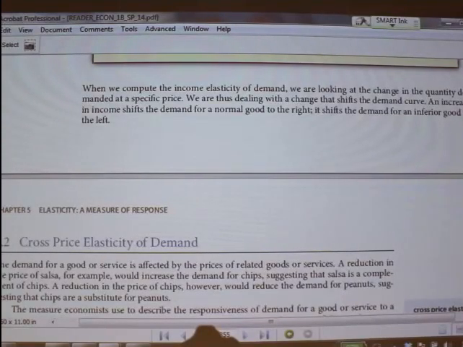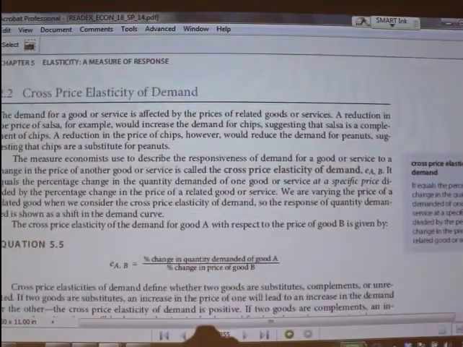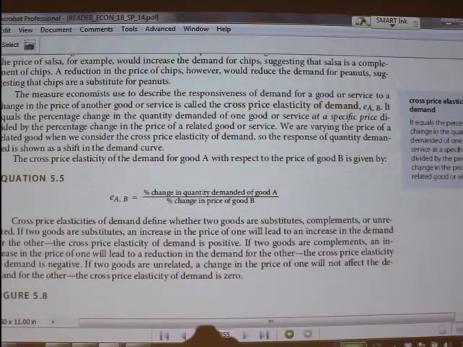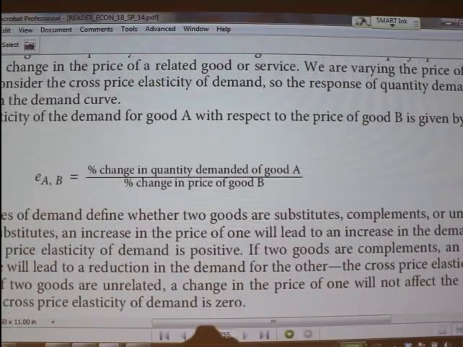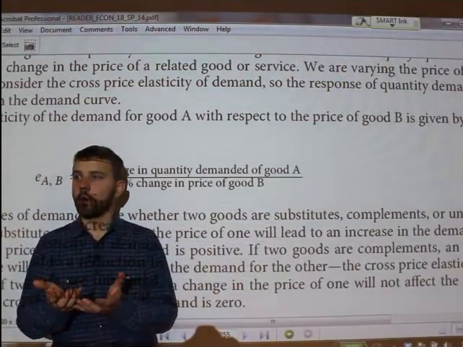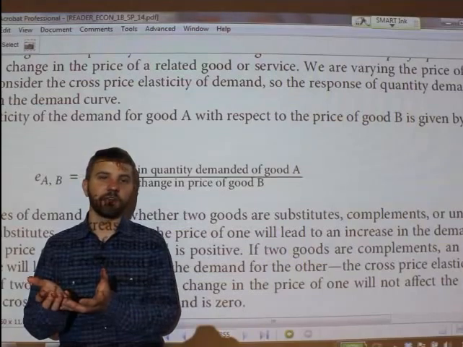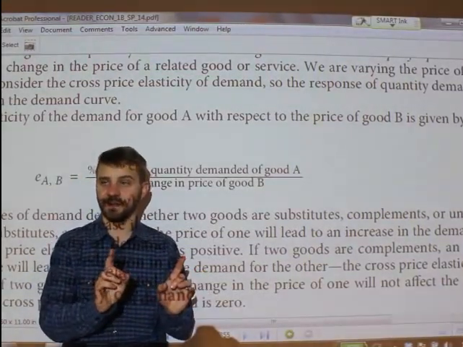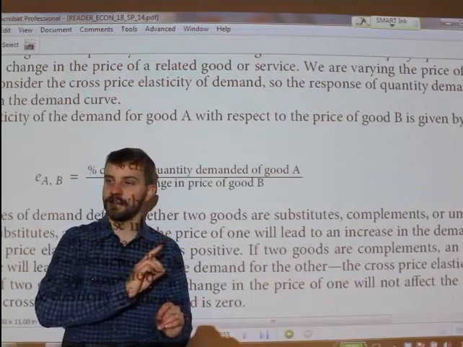Okay, and then I mentioned earlier cross-price elasticity of demand. It's similar to price elasticity of demand. But remember, when we're talking about bus fares, we talked about how the quantity demanded of bus rides falls with a change in bus fare. That's price elasticity of demand. Cross price means another good.